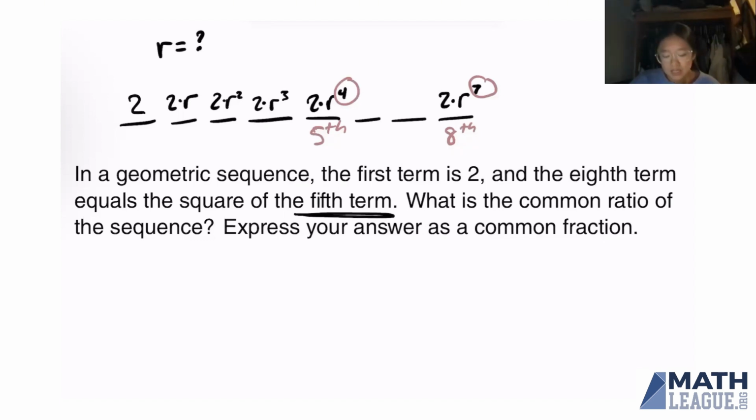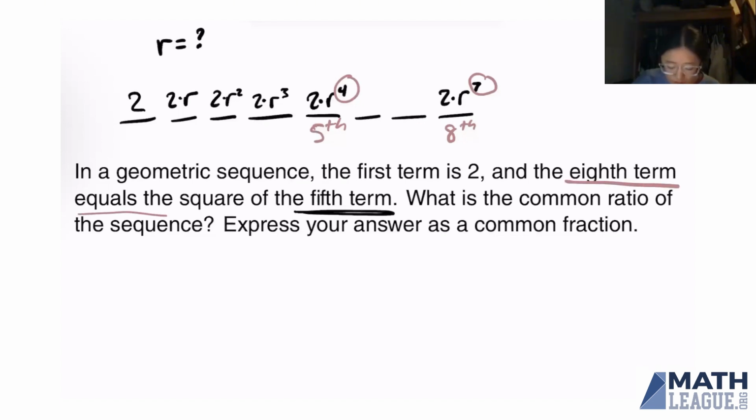Now they tell us that the 8th term equals the square of the 5th term. So let's write that out. The 8th term, 2 times r to the 7th, is equal to the 5th term, 2 times r to the 4th, squared. Let's simplify this. 2r to the 7th equals 4, that's 2 squared, times r to the 4th squared, which is r to the 8th.